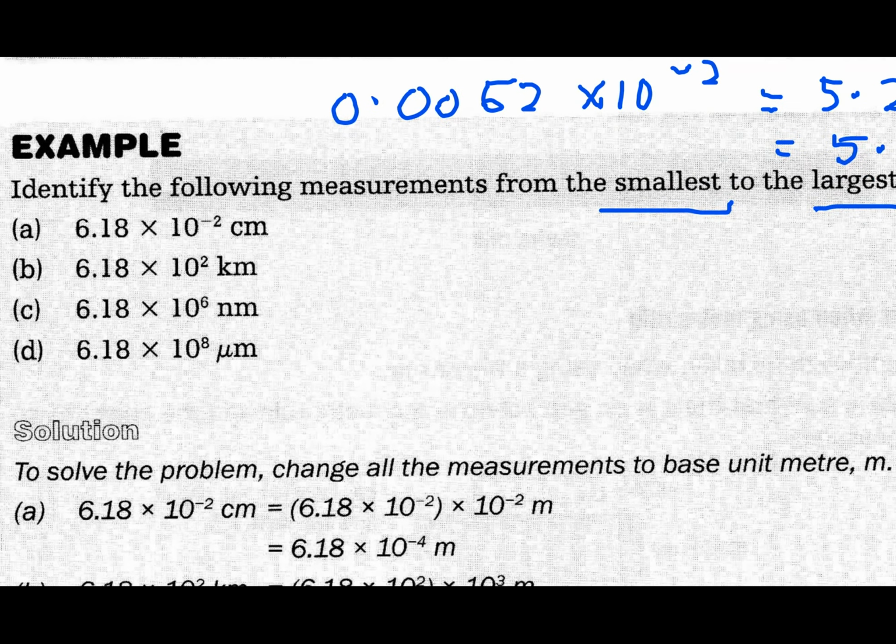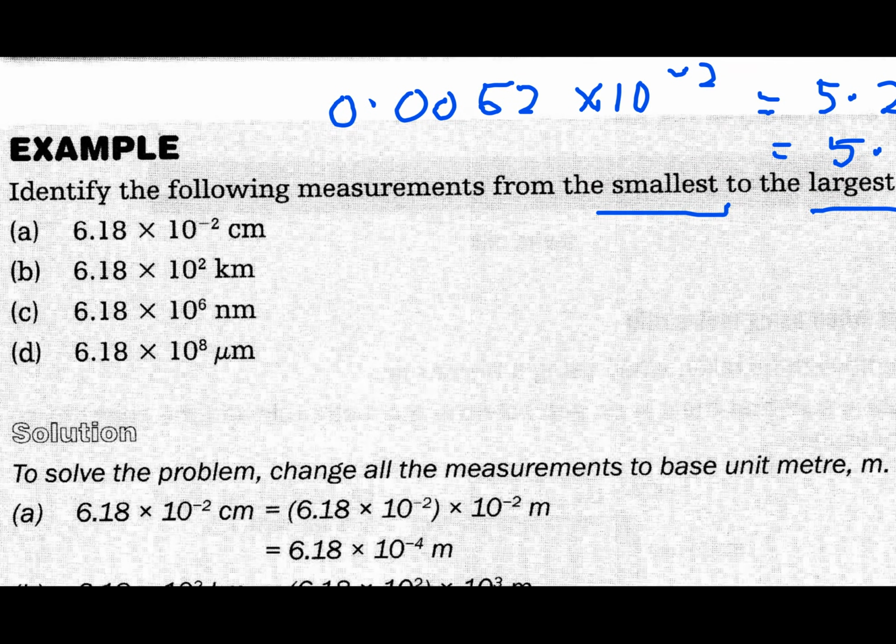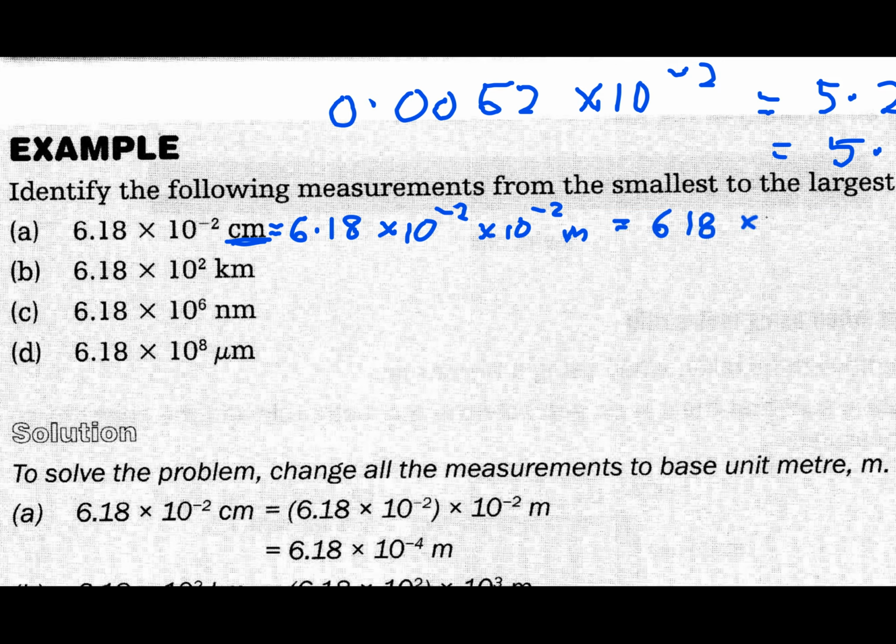Alright, so in the case of the centimeters, we change centi into 10 to the power minus 2. 10 to the power minus 2, another 10 to the power minus 2, we get 10 to the power of minus 4. So this becomes 6.18 multiplied by 10 to the power minus 4 meters.